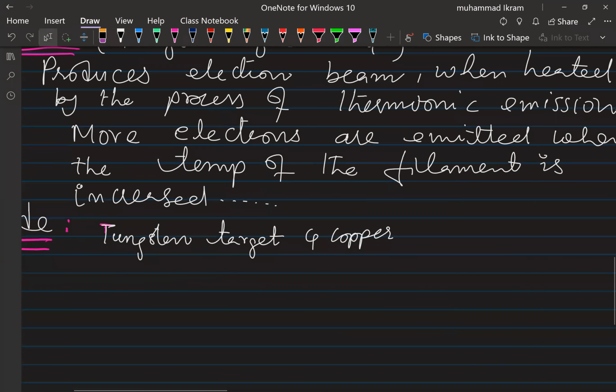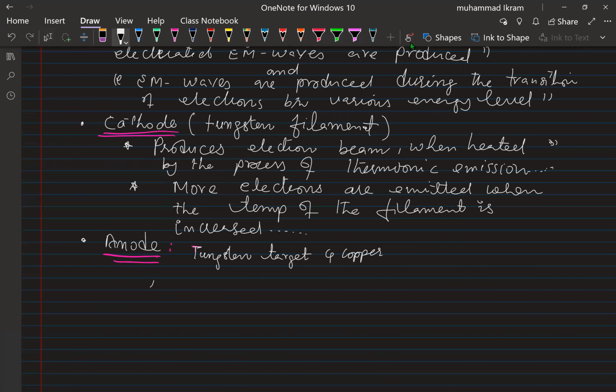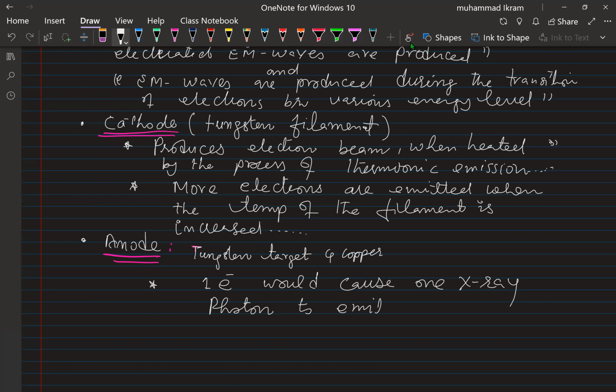Another important point which I want to tell you is that one electron corresponds to one photon. One electron would cause one X-ray photon to be emitted.